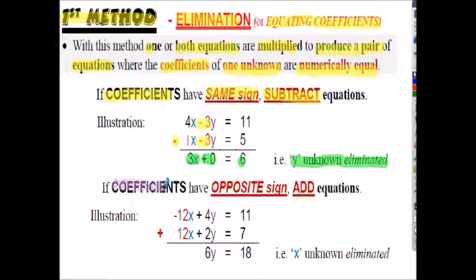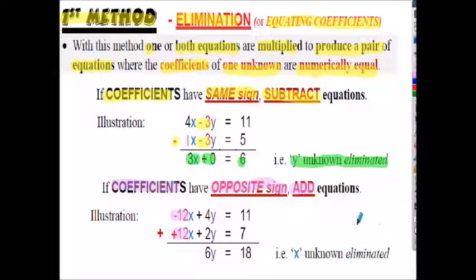If the coefficients of the unknown variables have opposite sign, then we add the equations together. In the illustration below, we have a -12x in the first equation and a +12x in the second equation. This is actually a +12 here.